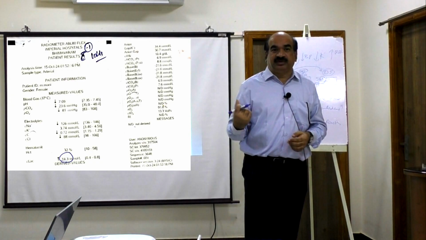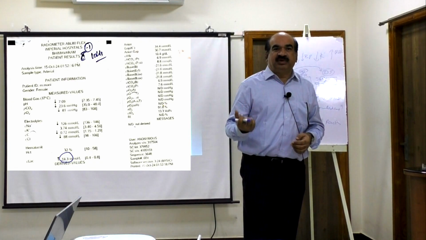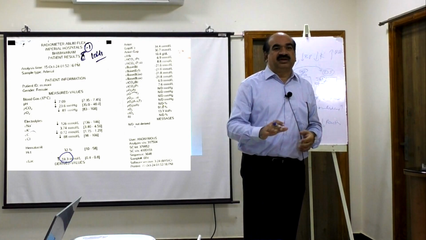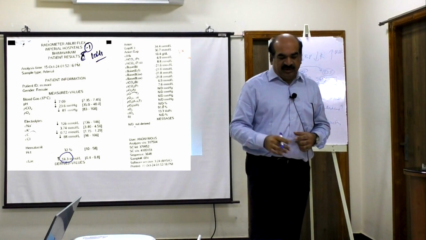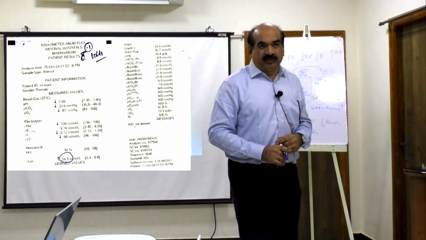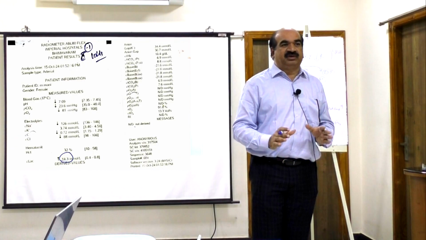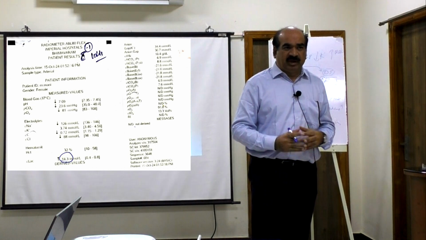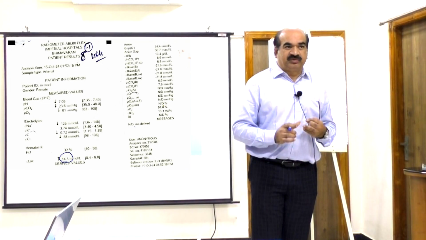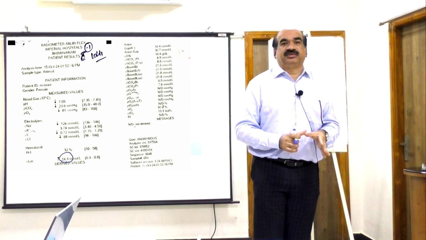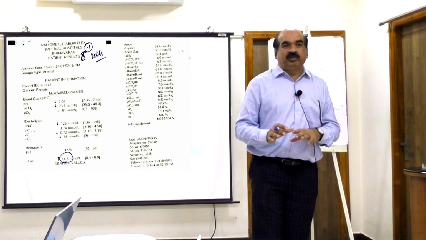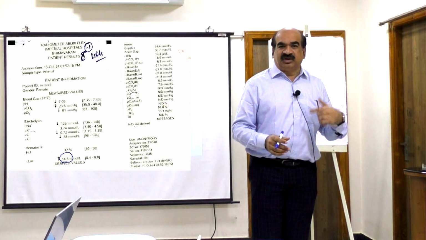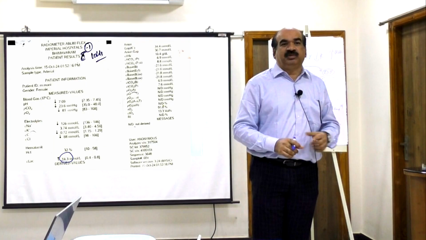We didn't check magnesium. Magnesium deficiency can cause metabolic alkalosis. So routinely in the emergency department for critical cases, we should check magnesium also. Along with sodium and potassium, we should look for calcium, magnesium and phosphate also. So even simple hypomagnesemia can cause metabolic alkalosis and hypokalemia.